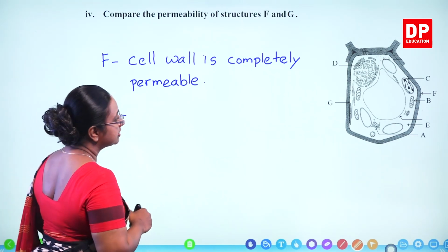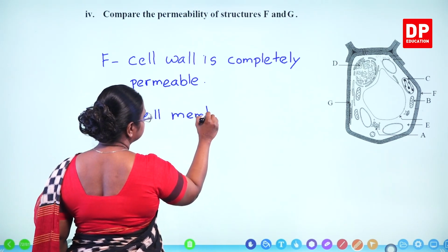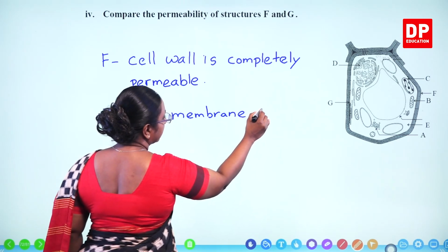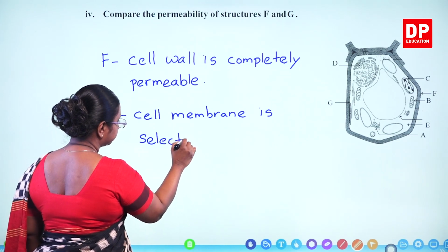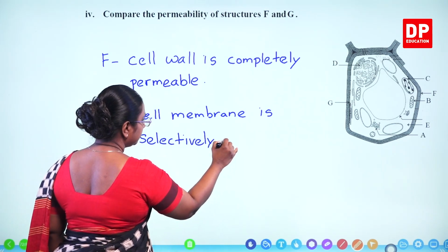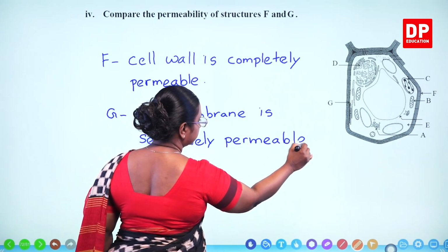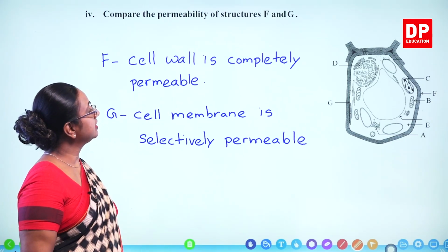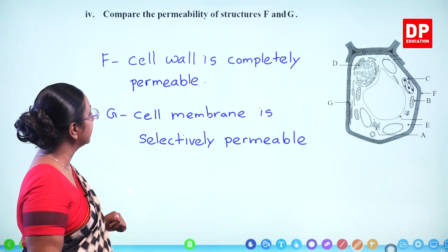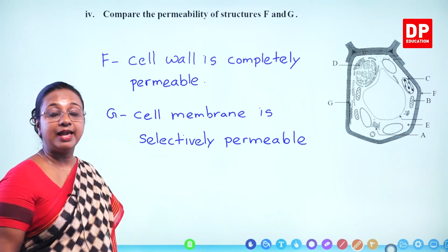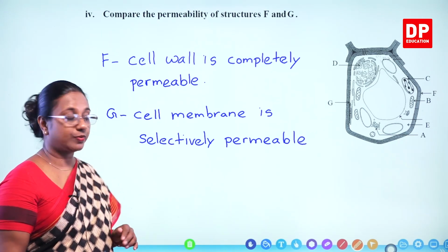And G, the cell membrane, is selectively permeable. So that is enough to compare the permeability of cell wall and cell membrane, that is structures F and G. Now let us move on to the next question.